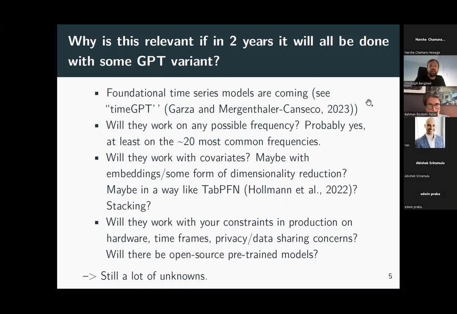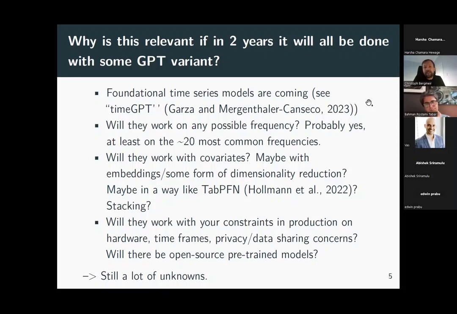But now I have all these questions, like, will they work on any possible frequency? One thing you have to understand about forecasting is that it can mean a lot of things to a lot of people. You could have one yearly time series with 15 data points in total. You could have one time series with 1 million data points and 10 covariates.